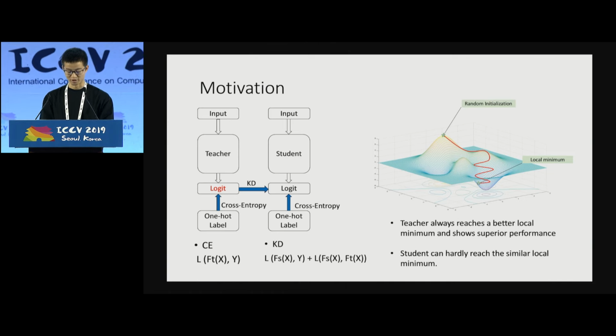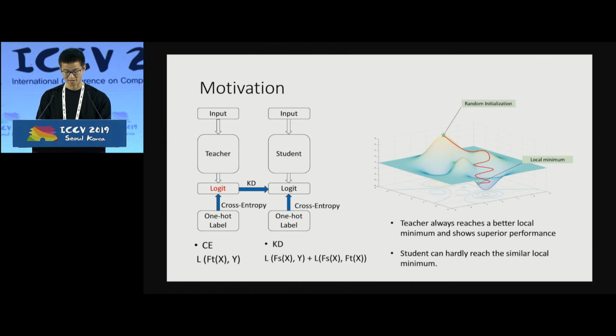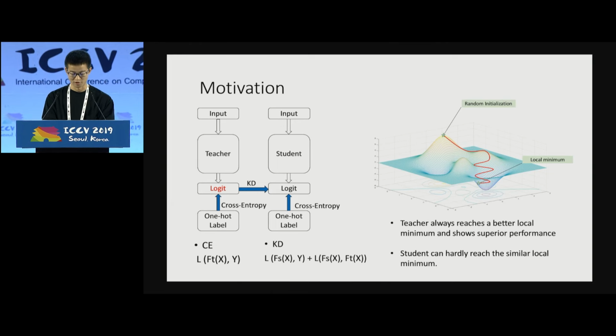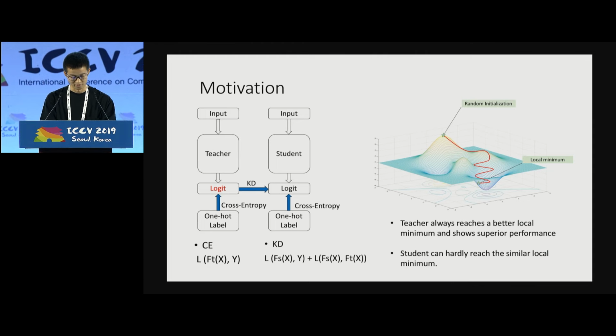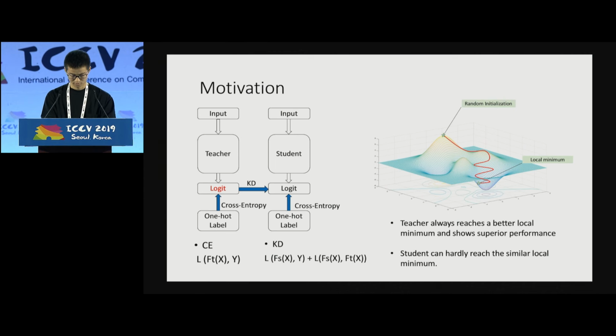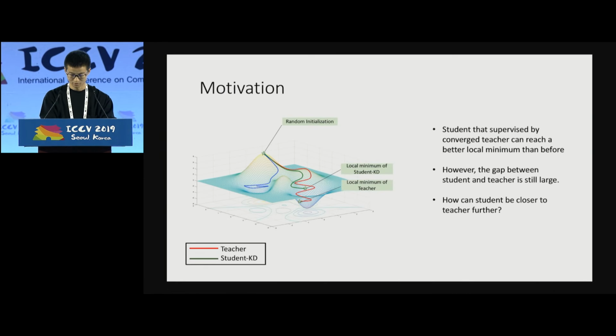In traditional training, the network is only supervised by the one-hot label. Recently, KD was proposed to use the teacher's knowledge to guide students. So we need to train the teacher network first. The training trajectory of the teacher network may look like the red figure.